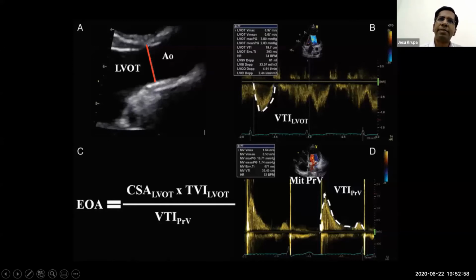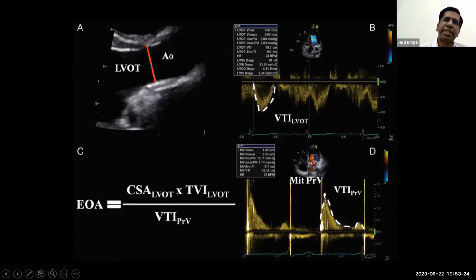Then is the LVOT VTI, which we take from the apical 5-chamber or the apical 3-chamber view by a zoomed view, pulse wave Doppler close to the aortic valve, but without any kind of spectral broadening. That is the LVOT VTI. And the third reading that we need is that of the mitral VTI obtained by doing a continuous wave Doppler across the mitral valve.